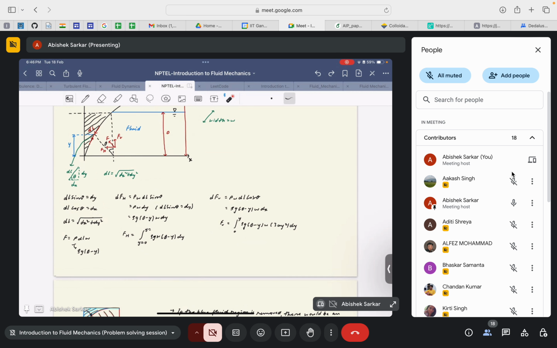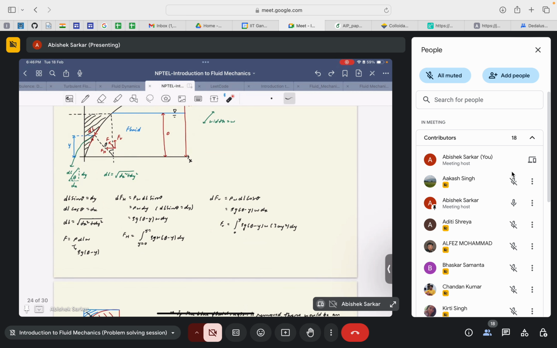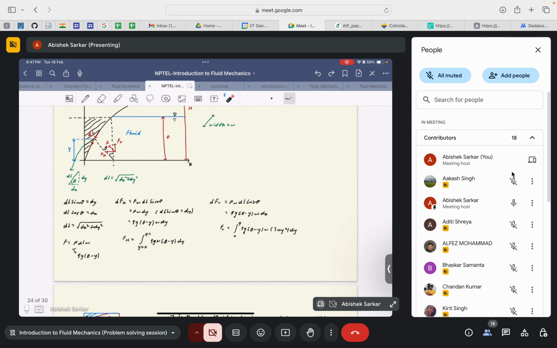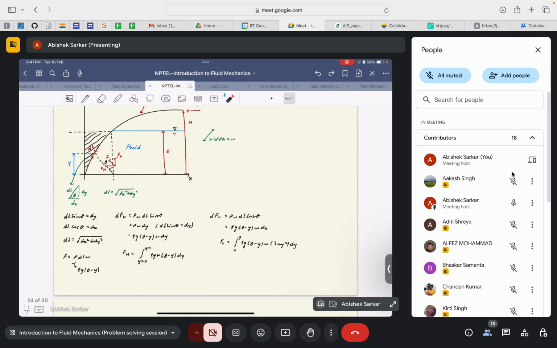The net force that acts on this elemental area would be given by pressure P times dl into W, where pressure P would be given by rho g times d minus y. Let us look at how.